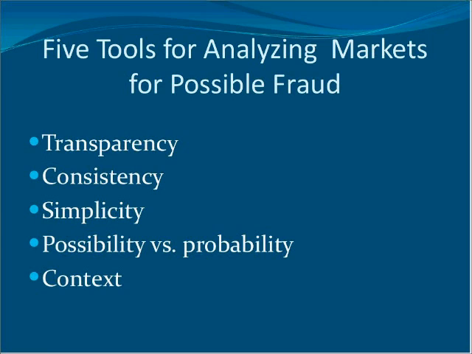So those are the sorts of tools that we can use, and that falls under the category of what I call what's possible versus what's probable. Or we might say, this is unlikely to happen, but if we can say something's impossible to happen, that raises a red flag. And then finally, context, which is, what's the context of the data that we're looking at? Can we look at it in a way that makes sense?